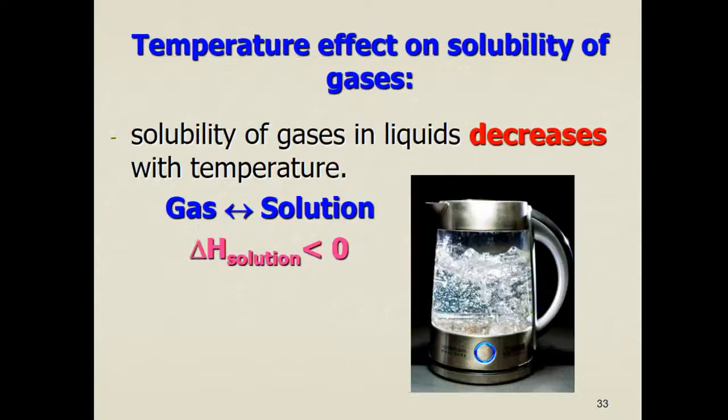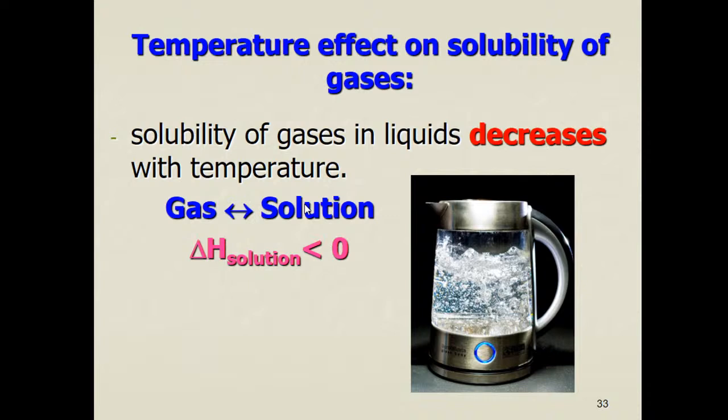Temperature effect on solubility of gases. There are different temperature effects on solubility of gases in liquids, liquids in liquids, and solids in liquids. Let us see how it really happens. Since solubility is a reversible process, as I mentioned already, it is possible to shift the equilibrium. Between a gas and its solution, there is an equilibrium.